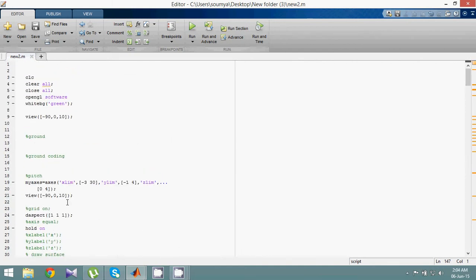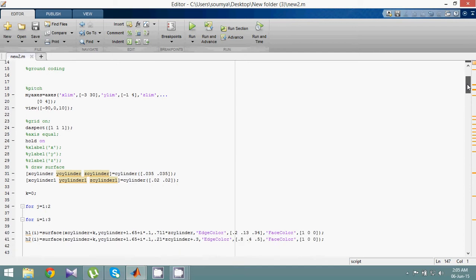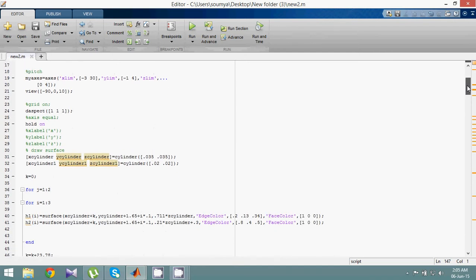Then I use the aspect ratio to make x, y and z the same. And then I use hold on, and I draw the surface of the pitch and the stumps and the bails. I use the cylinder function that's built into Matlab: x cylinder, y cylinder, z cylinder.